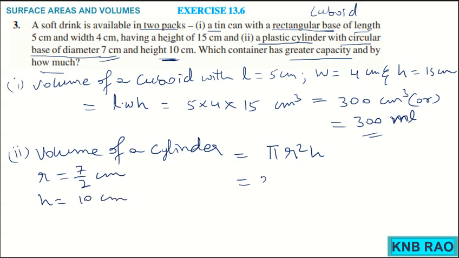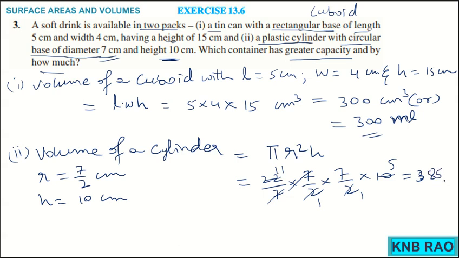Now on substitution, 22 by 7 into 7 by 2 into 7 by 2 into 10, so 7 7 cancels, 2 1s are 2, 11s are 11 and 2 5s are 10, so 11 5s are 55, 7 into 5 into 11, you know it is 385 centimeter cube or cc, or if I want in mLs, 385 mLs.